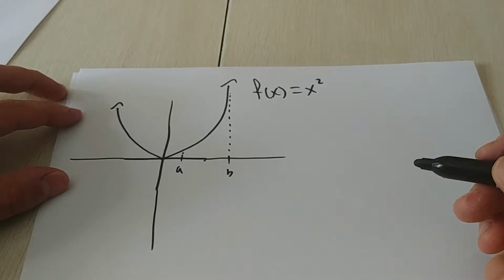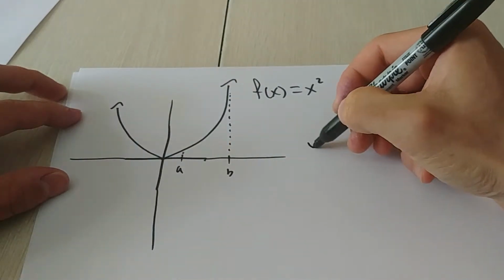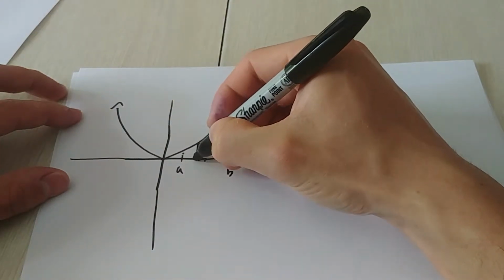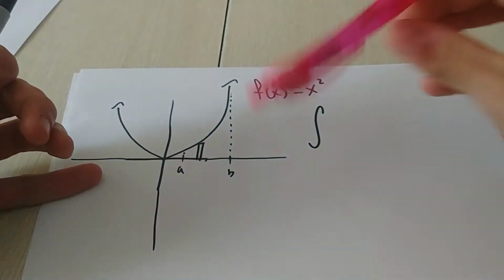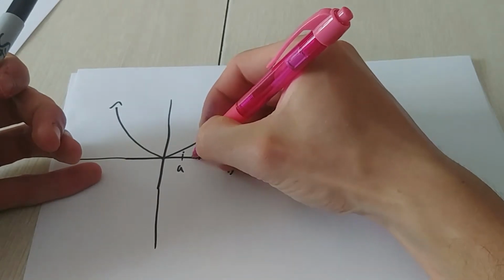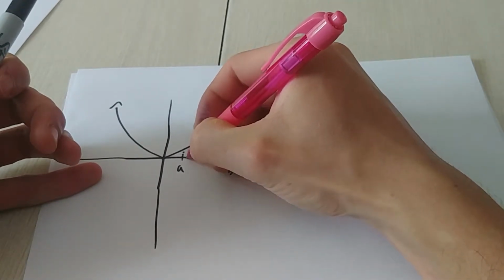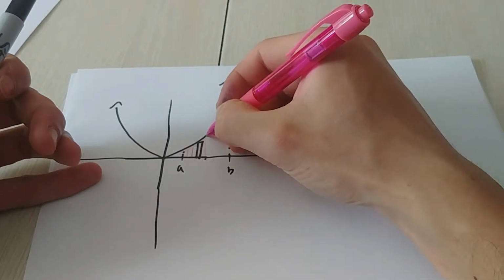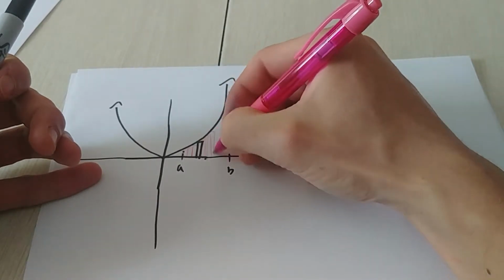And what we do is using the integral, we can approximate small rectangles, just like a lot of rectangles everywhere.